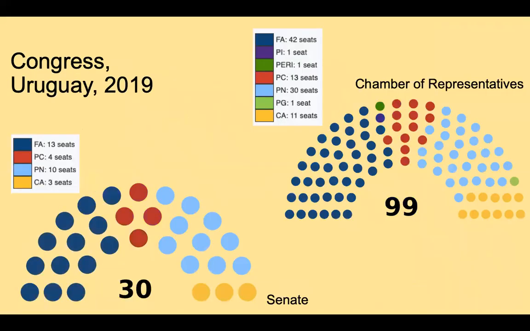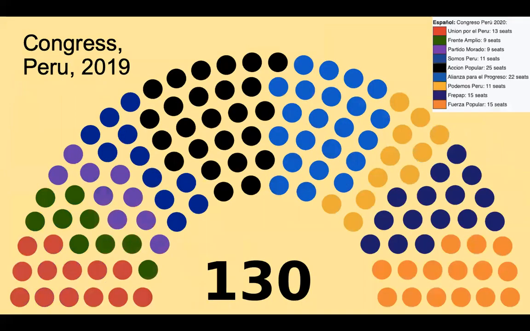Again, Uruguay has two chambers, fewer parties who share fewer seats and distribute seats differently. And in Peru, a single house with many parties who distribute among them seats relatively evenly.